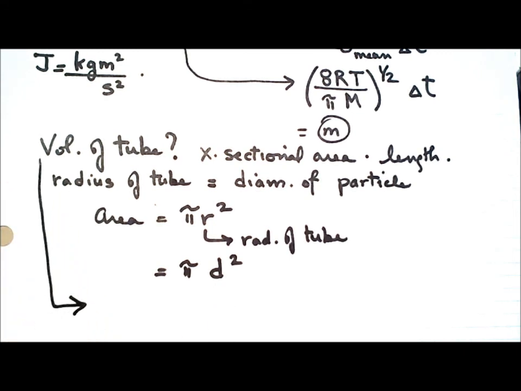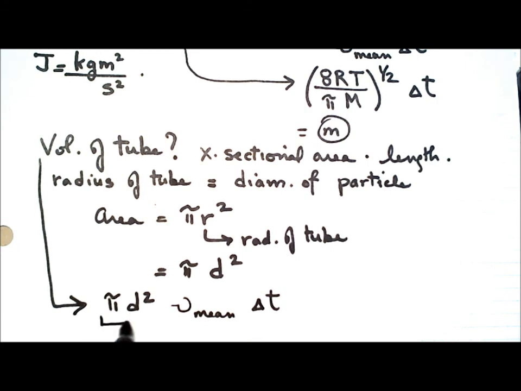The volume is this guy, pi d squared, multiplied by the length, which we just found above, and that was the mean speed times delta t.